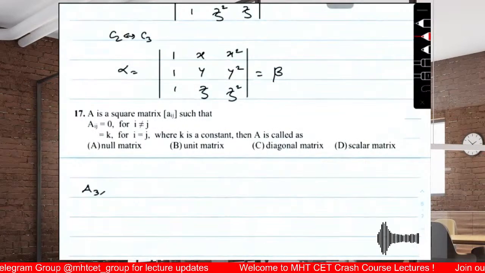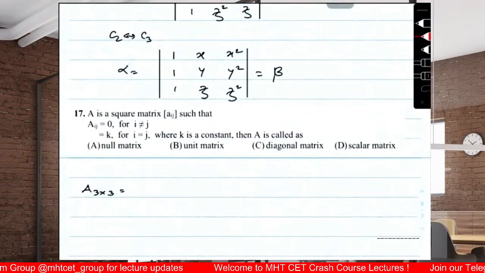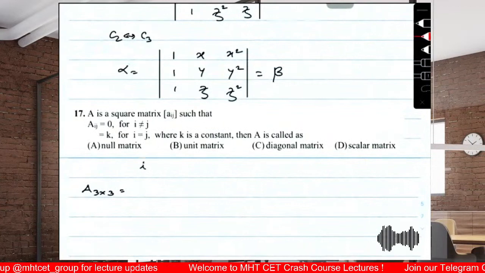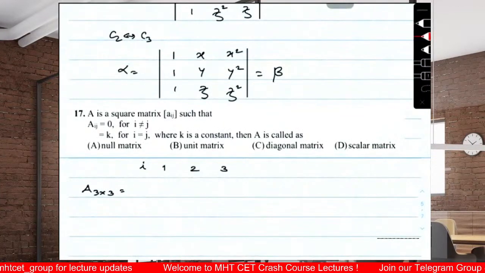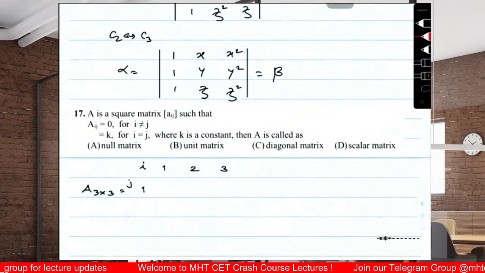So A 3 by 3 will be, see, i takes values 1, 2, 3, j takes values 1, 2, 3.